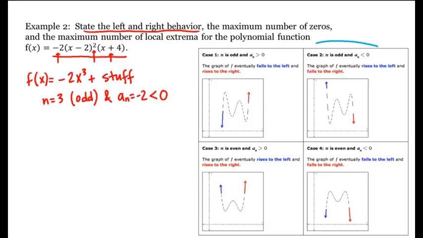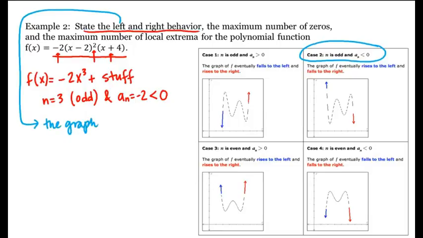Which means we're over here in case 2, aren't we? Therefore, the graph of f eventually rises to the left and falls to the right.